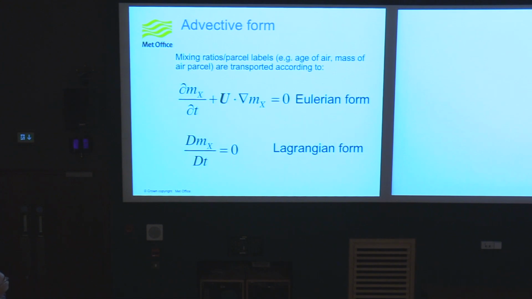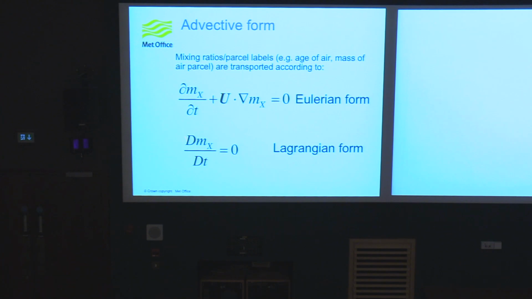But the alternative form is what's known as the advective form. So this is not a conservative, not naturally conserving form. And this is the natural form for mixing ratios, for example, the ratio of the density or concentration of a species to the dry air within that volume. So m_X is the mixing ratio here.